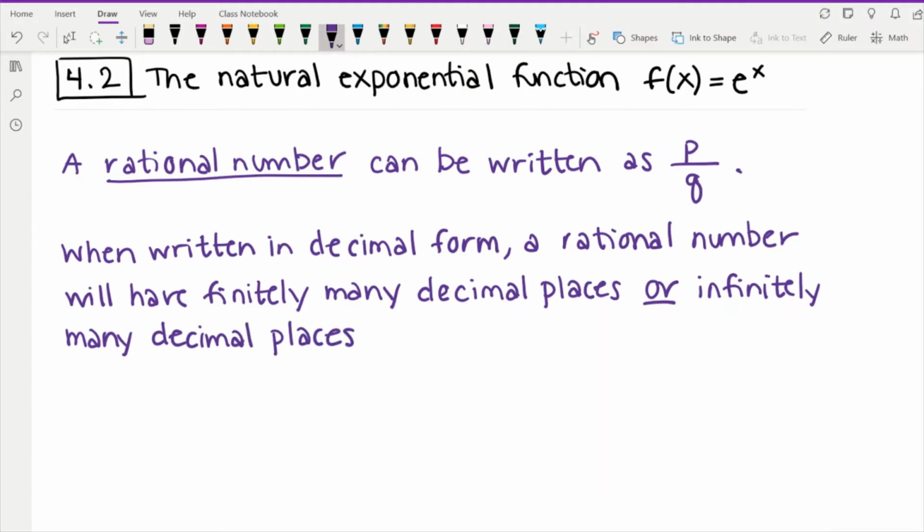So infinitely many decimal places that repeat in a pattern.